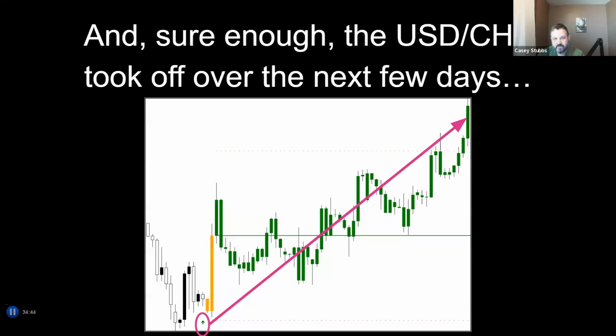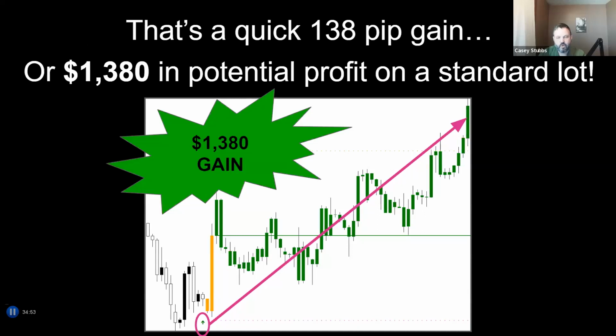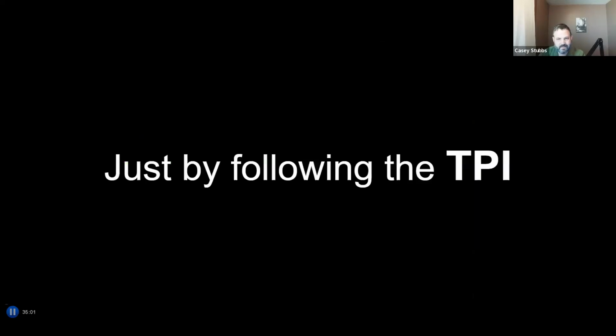And sure enough, the USD Swiss took off over the next few days. That's a quick 138 pip gain, or $1,380 in potential profit on a standard lot, just by following the TPI.